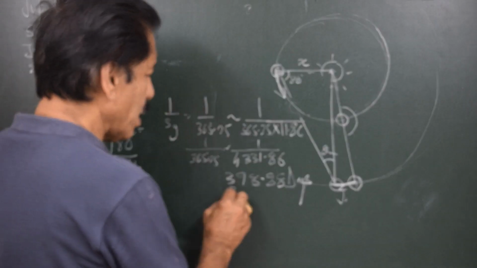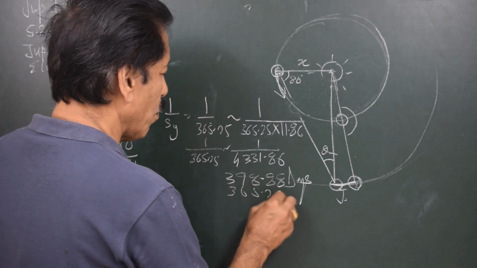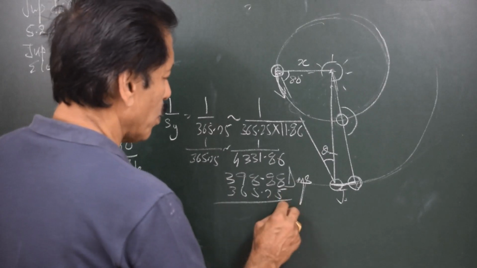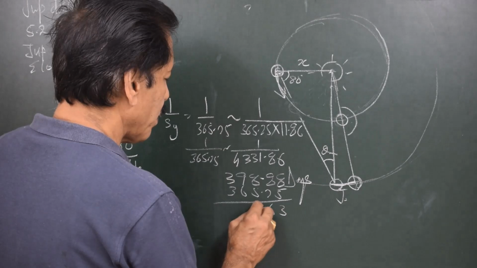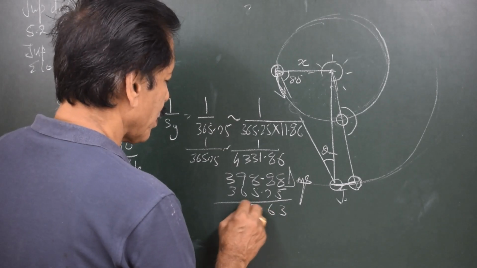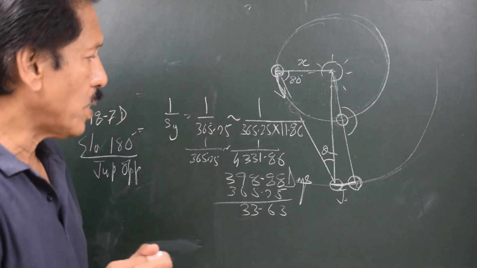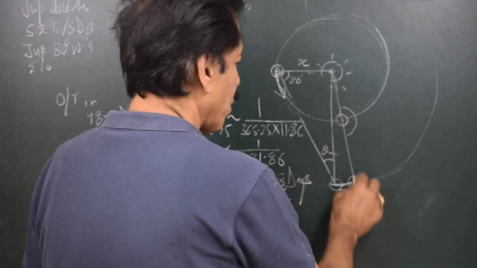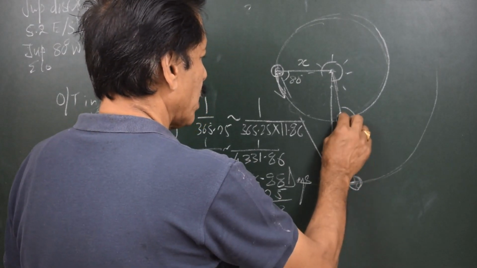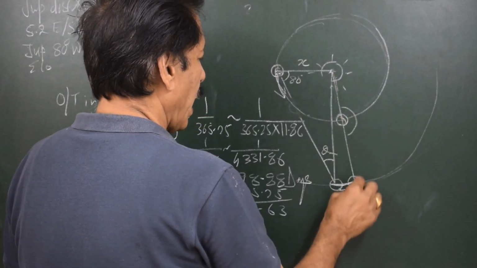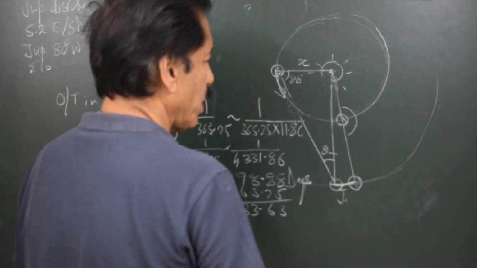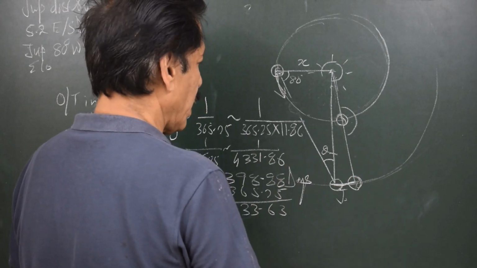As you know, the Earth takes 365.25 days to complete one revolution. It means that here you have the opposition taking place, where the Sun and Jupiter are opposite to each other, with elongation of 180 degrees.